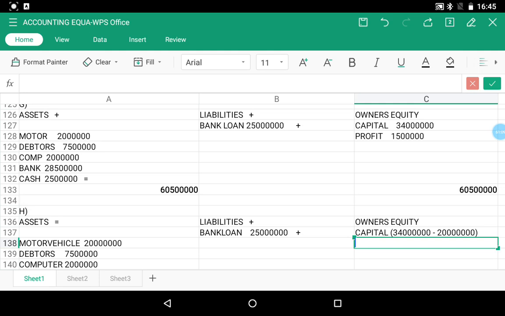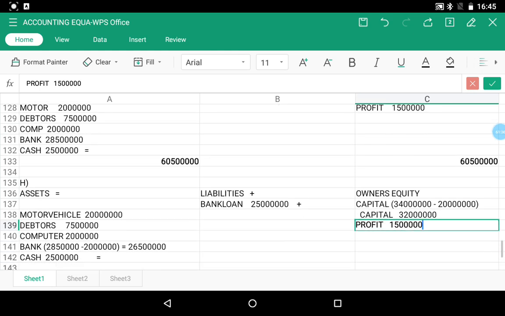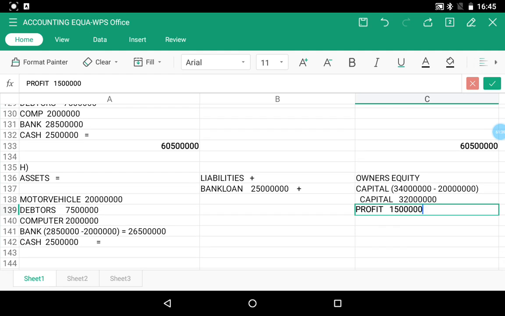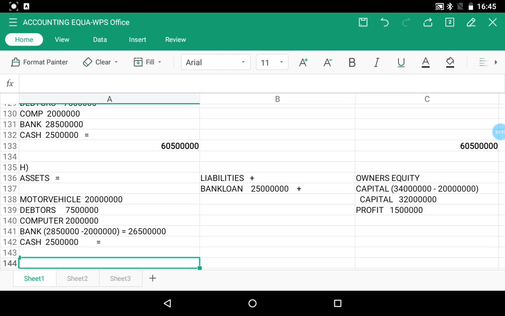So our capital will be 32 million. Then we also add our profit, which is 1.5 million. When you check, we don't have any other transaction.